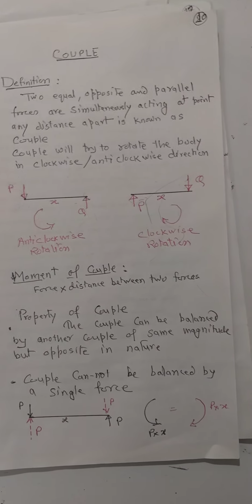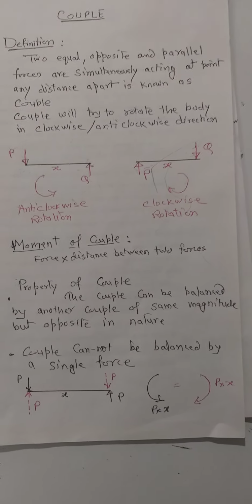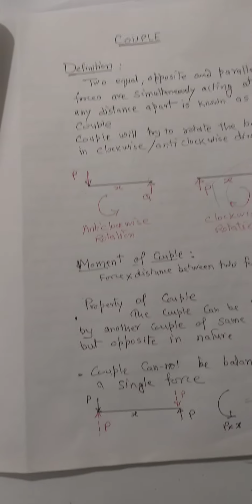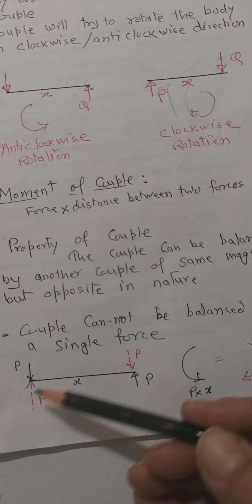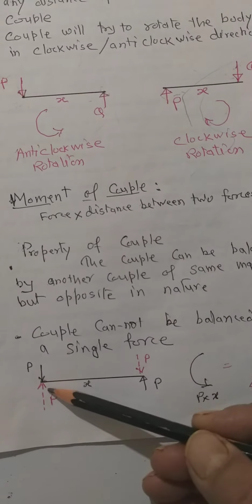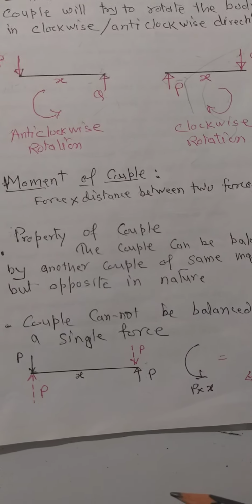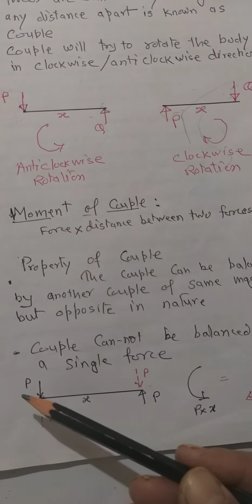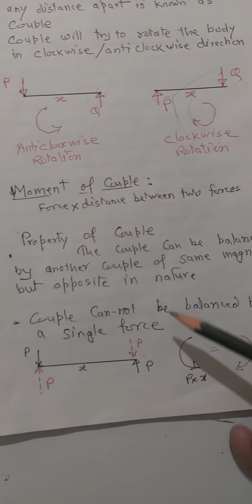That rotation can only be stopped by another couple of the same magnitude but opposite in nature, so that it will stop and make the body stable. You can see like this. This is the force P and this is the force P. Two forces are simultaneously acting on the body parallel to each other at some distance, forming a couple, and it will try to rotate in this direction.